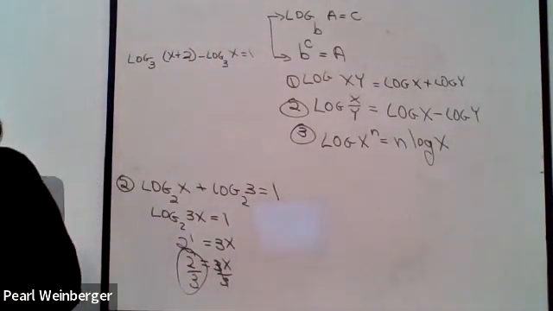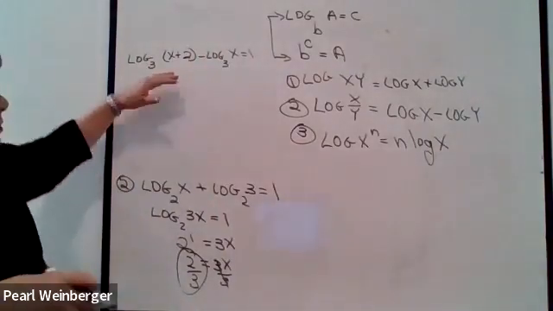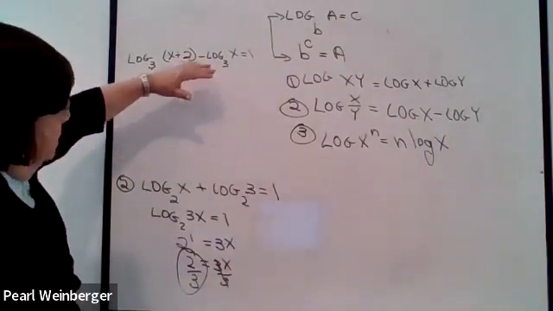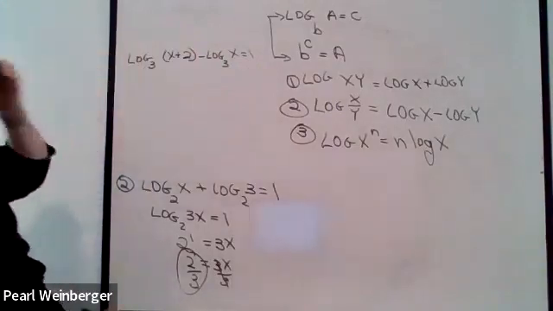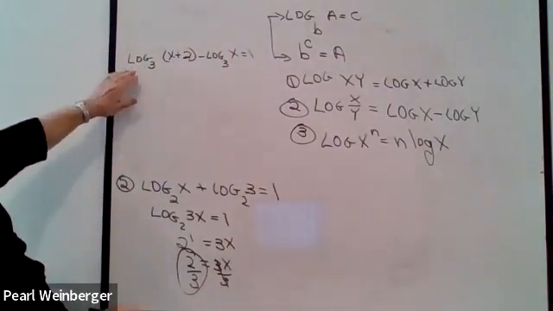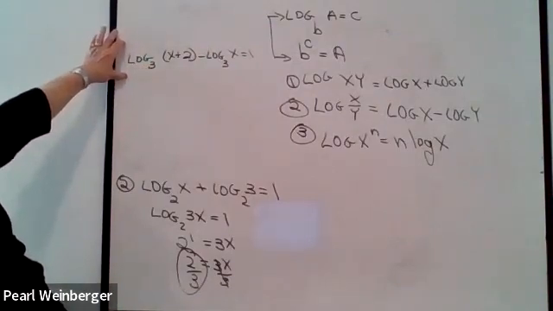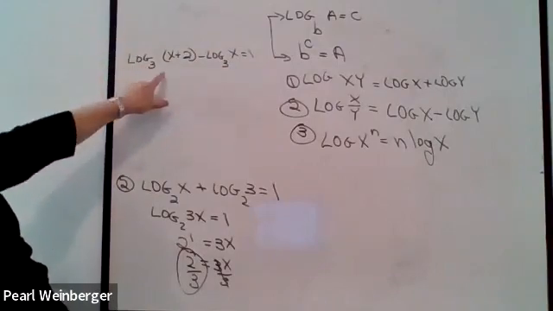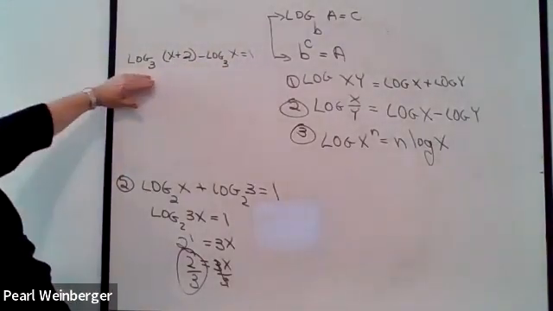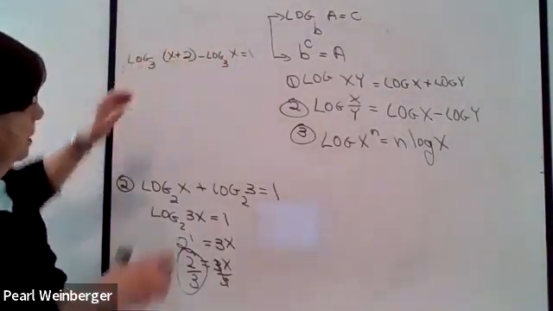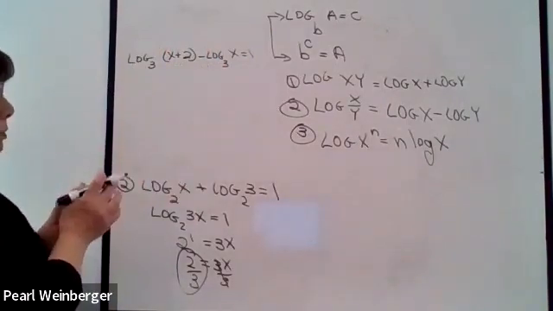Again, this is a log equation because I have logs equaling a number, except again, I have the same problem. I can't go directly to the exponential form because there are 2 logs over here. So I have to contract this, condense this back to a single log.